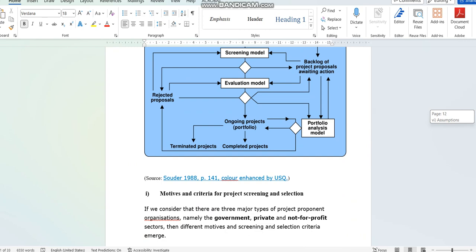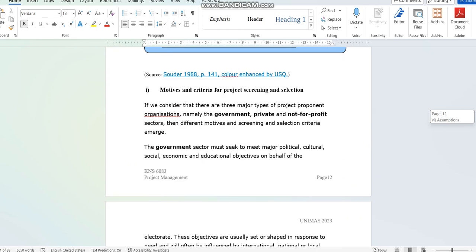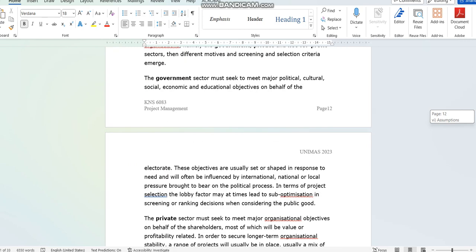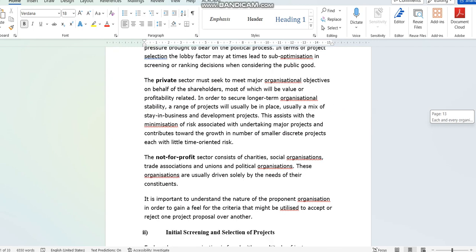So in very broad aspects, for example government sectors, your consideration could be meeting social, political objectives, or private sectors would normally talk about very simple, straightforward value, profit, and all that.